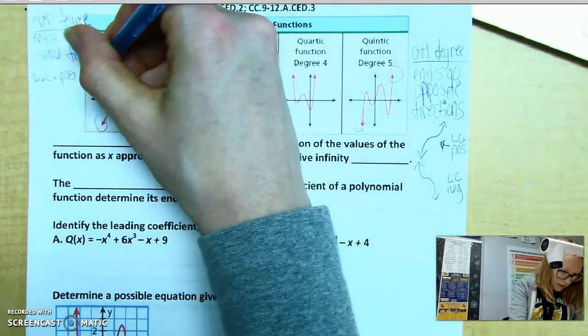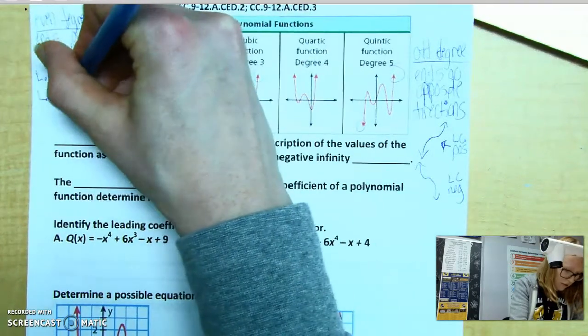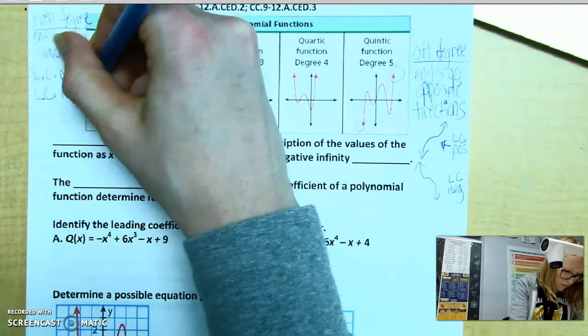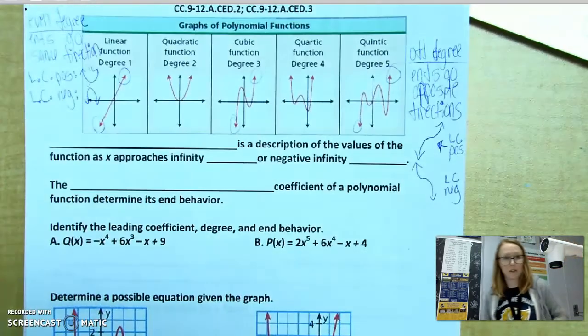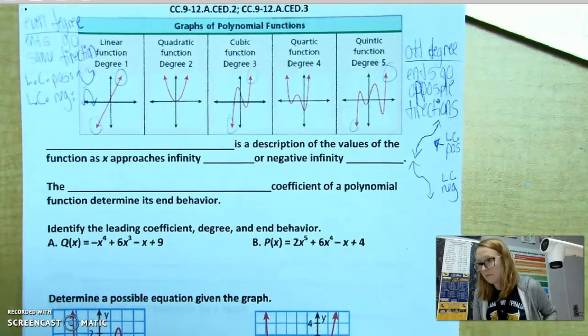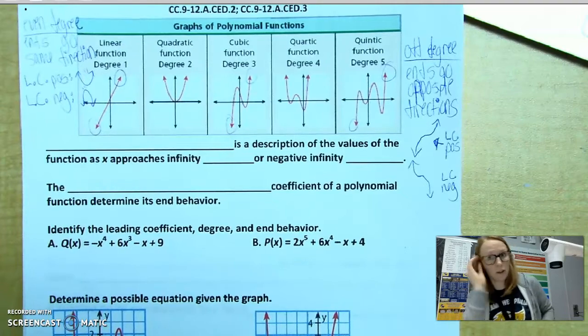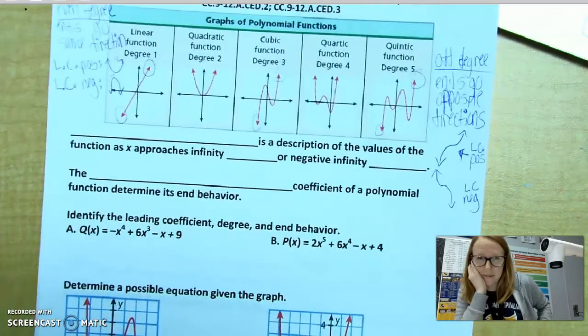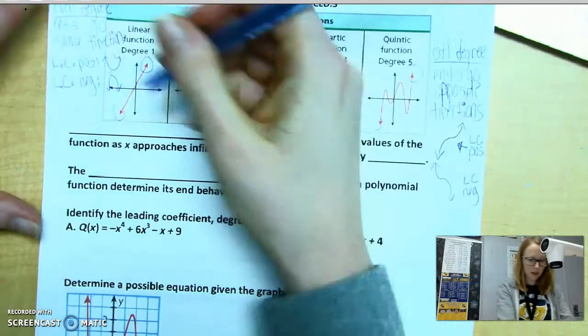It could also have a W shape. And if your leading coefficient is negative, then that smile turns upside down into a frown, right? So that's a general summary of something that we learned in Algebra 1 that you probably didn't remember. But we're going to take an Algebra 2 spin on it and talk about end behavior.